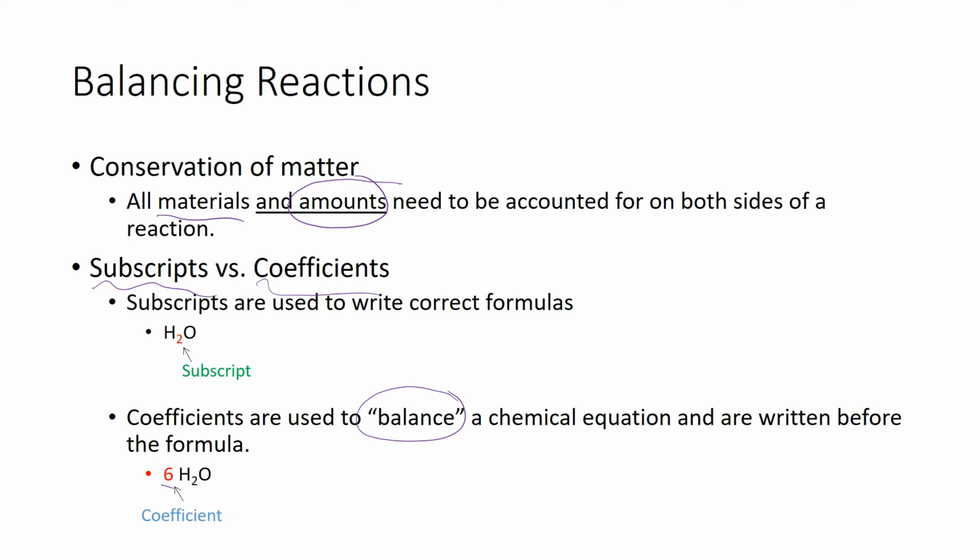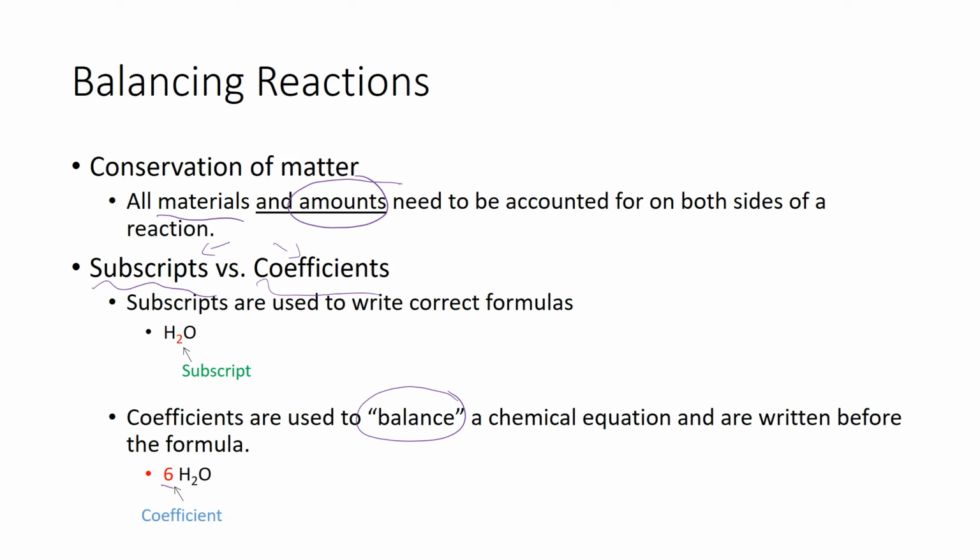I'll show you what that looks like. I know many of you have already used coefficients and subscripts before, but I'm just going to reiterate some really important principles here. Make sure you can differentiate between them. A subscript is a little number as part of our formula. Coefficients are numbers we write in front of our formulas if we need to balance.